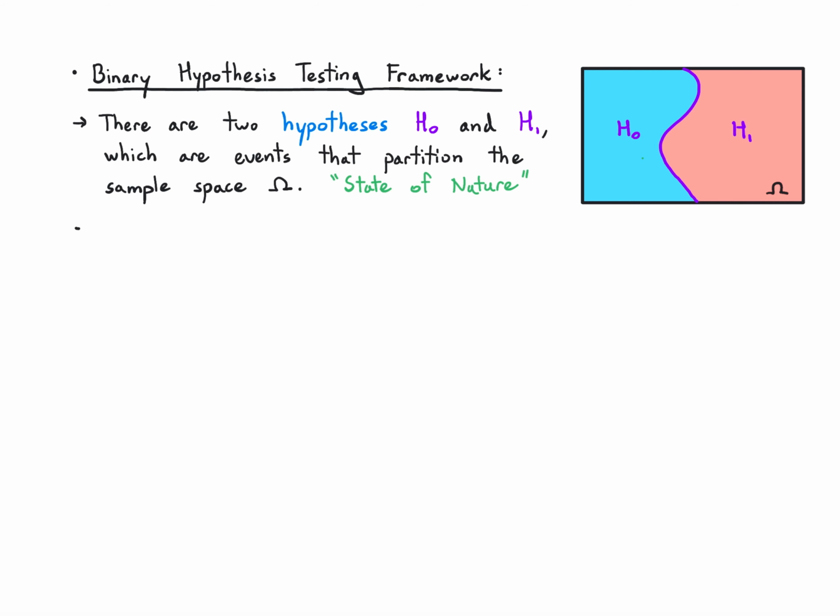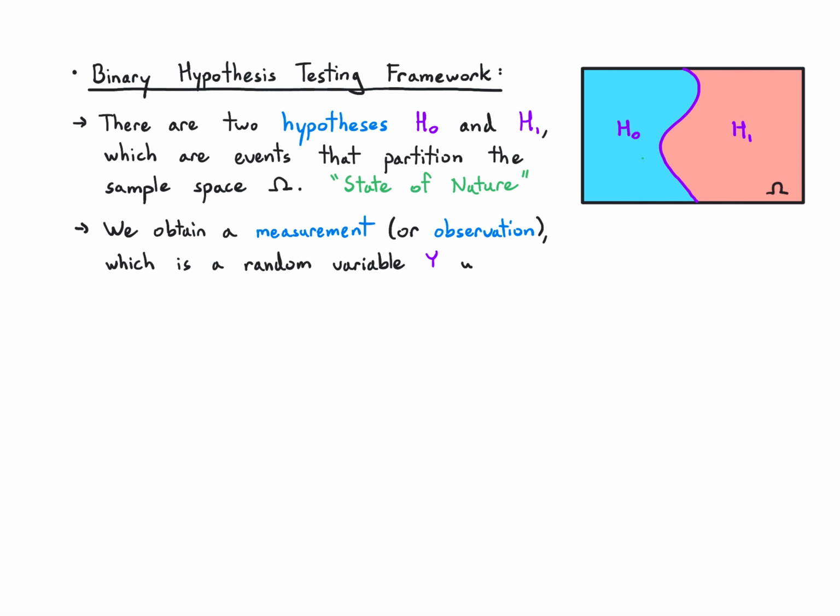All right. Then you're going to make a measurement. You're going to get a measurement or an observation, and we're going to use those terms interchangeably. That's just going to be a random variable, let's call it y. And we're going to say that its values are going to be distributed according to one of two possible distributions.